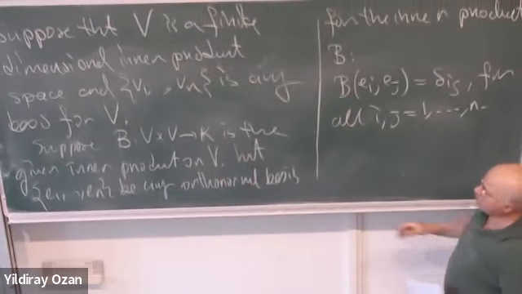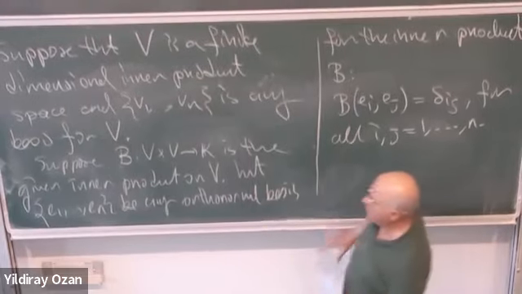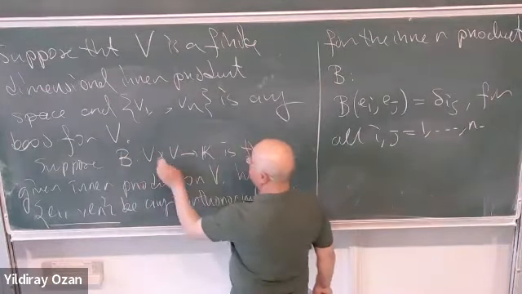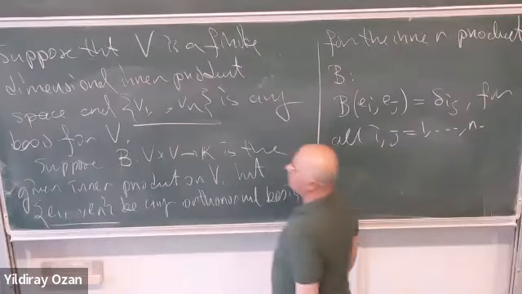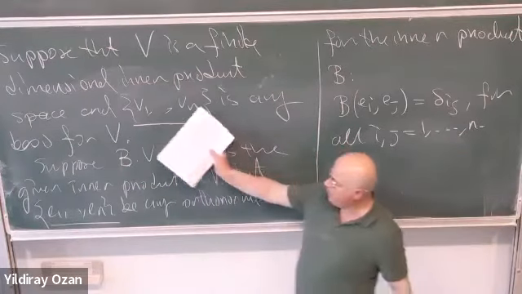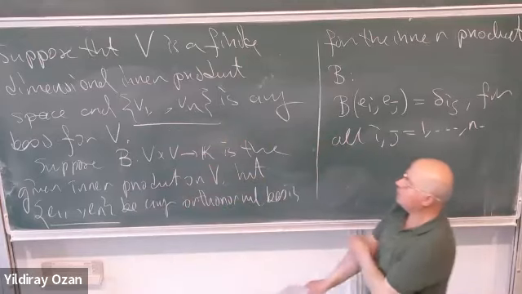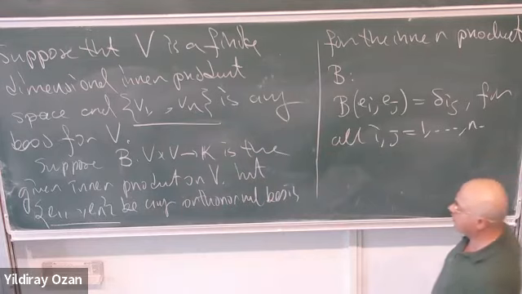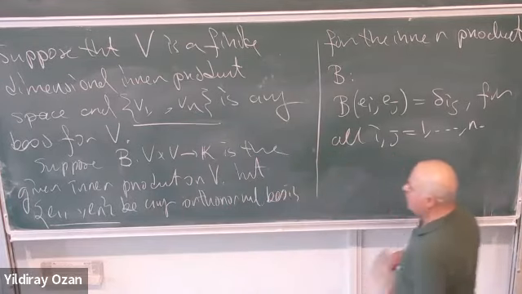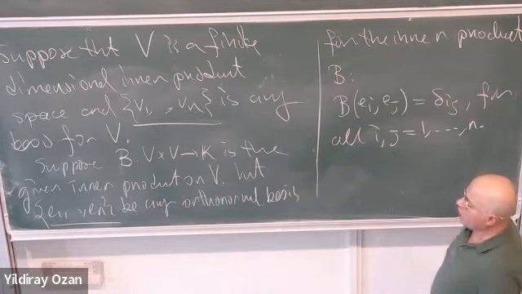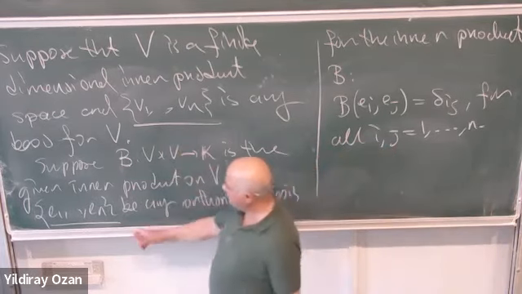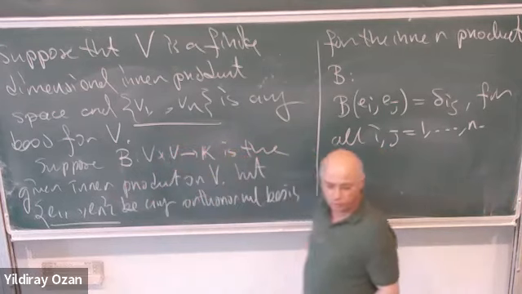Now we have two bases for the same vector space, right? I have this orthonormal basis for this inner product, and I have some other basis. This basis is not necessarily an orthonormal basis or anything, right? It's just a basis. Let's construct an isomorphism of V mapping this basis to this basis. I can always do this.